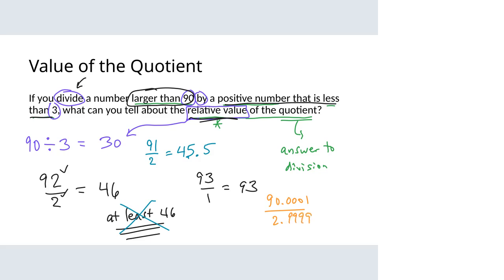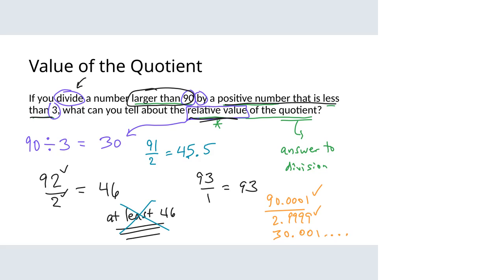I've met the conditions. A number larger than 90, yep. A number less than 3, yep. Well, what do we get then? 90.0001 divided by 2.9999, and I get 30.001, and that keeps going.